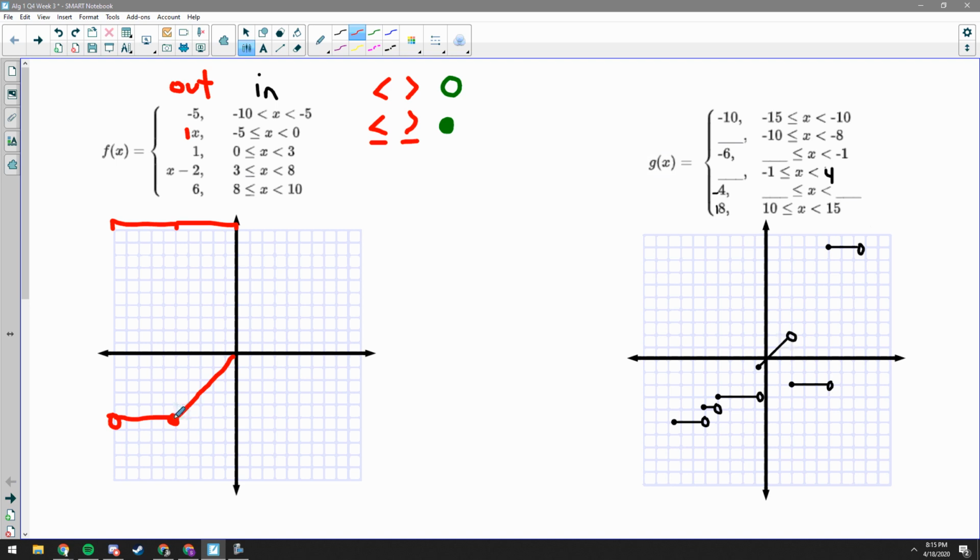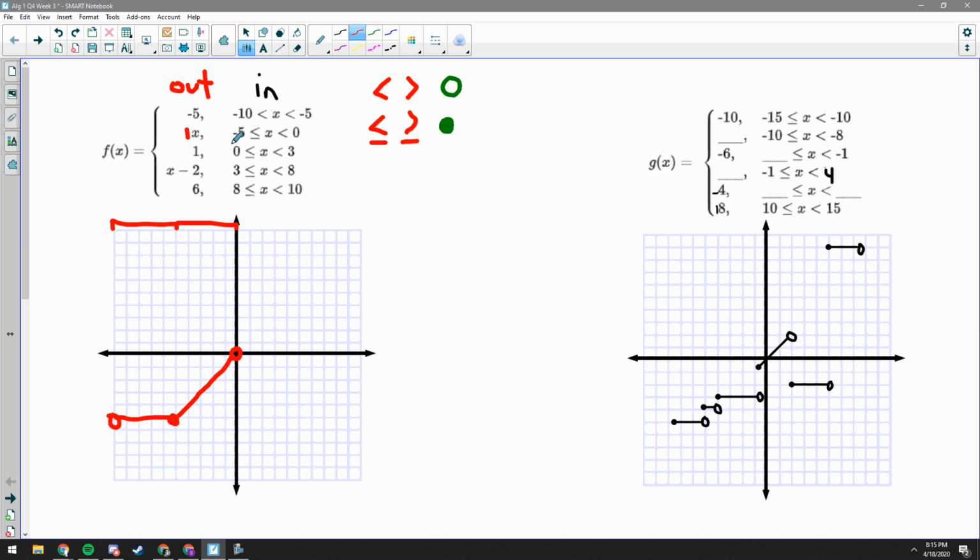It just happens to be that if you put in negative 5 into this equation and this equation, both overlap each other at this coordinate. So we can just put a solid dot there. And on the other end, when x is just less than 0, we need an open circle on that part.